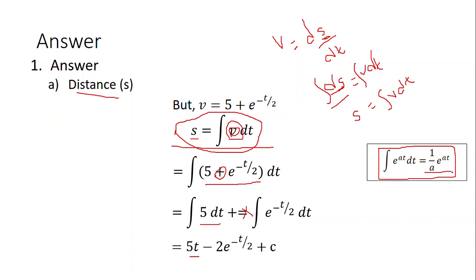Applying this to our equation, the final answer becomes 5t minus 2 times e to the power minus t divided by 2 plus c. Since you integrate, the constant is added. This is the answer for the distance.